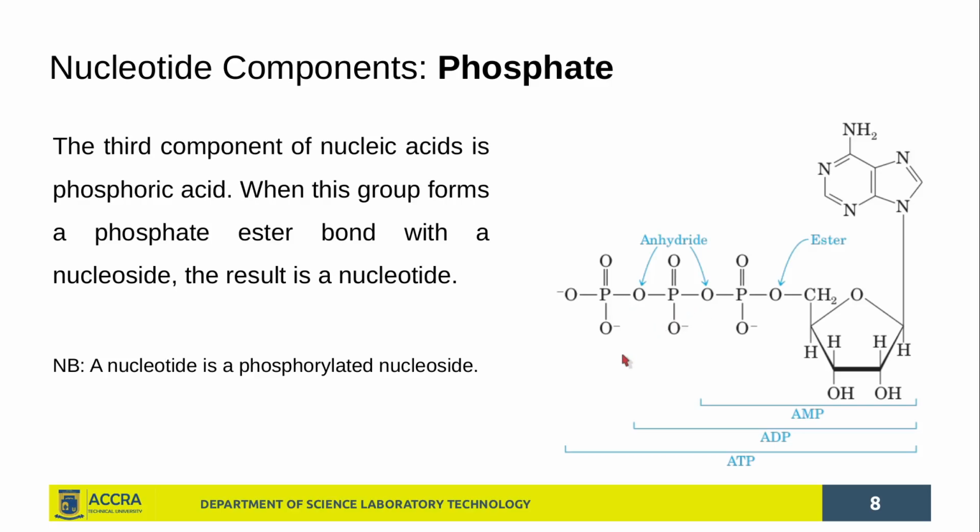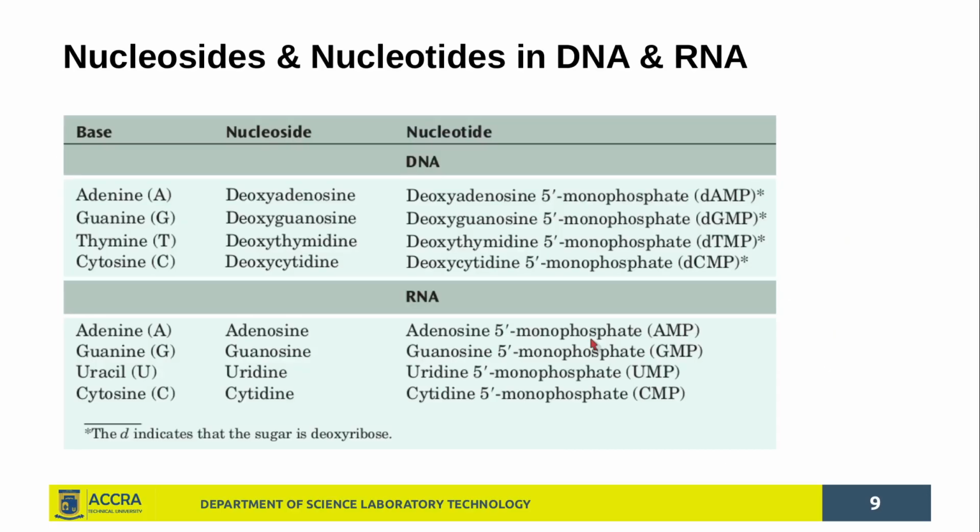That tells you that this phosphate group is what makes this molecule acidic. As you will soon see, this phosphate group can donate protons or hydrogen ions in solution, making them an acid.